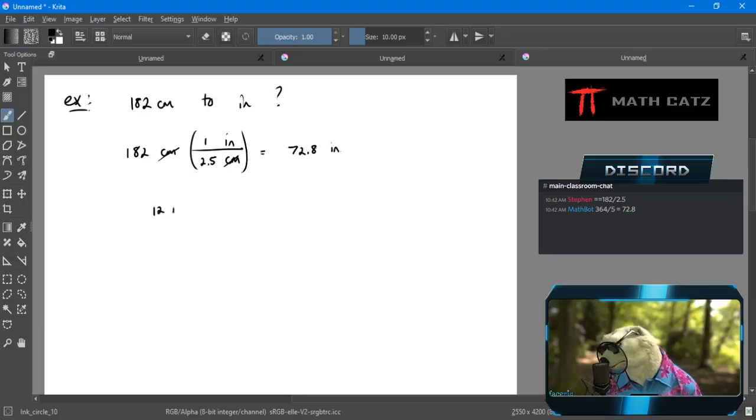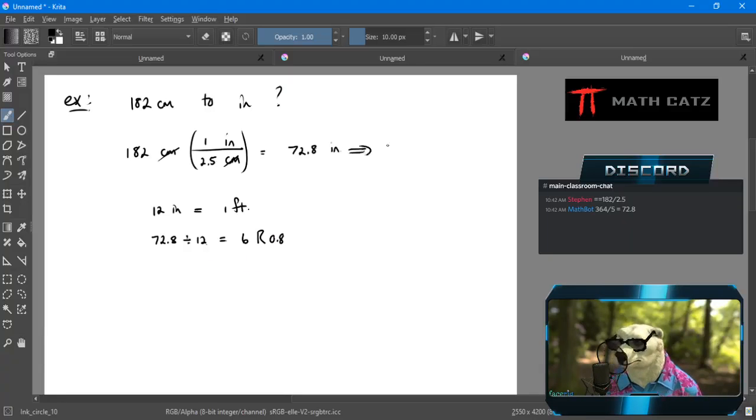12 inches equals 1 foot. 72.8 divided by 12 will be 6, remainder 0.8, if you want to call it that.